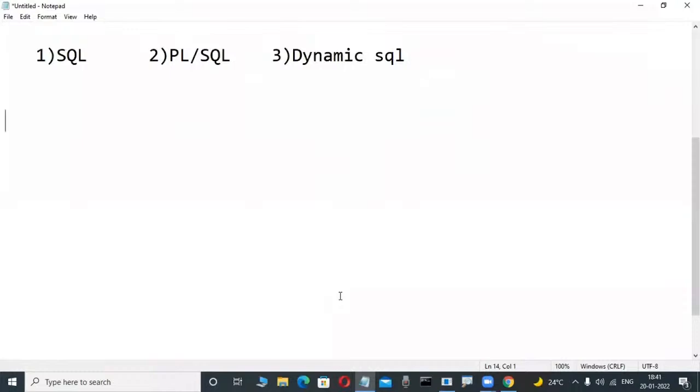From that SQL language, Oracle Corporation created their own SQL language that is called Oracle SQL. That's why SQL is an ANSI standard language, conceptually the same in every database.